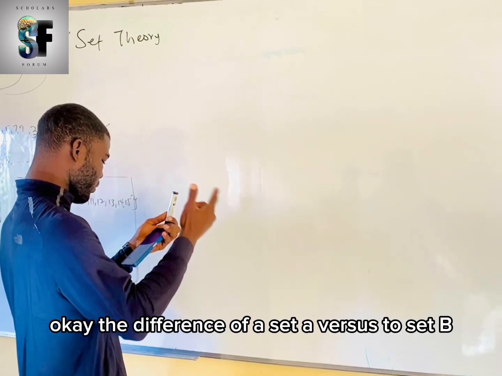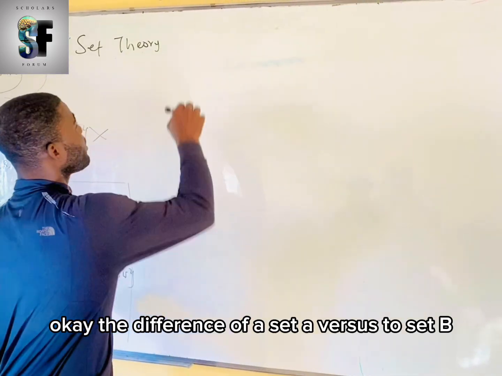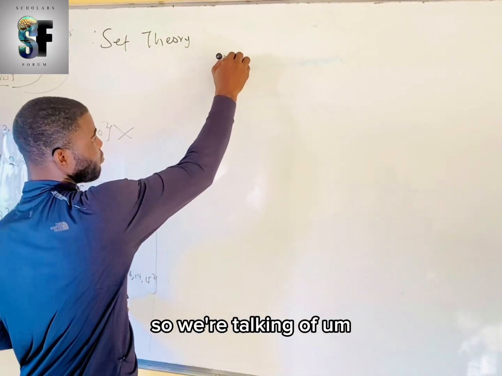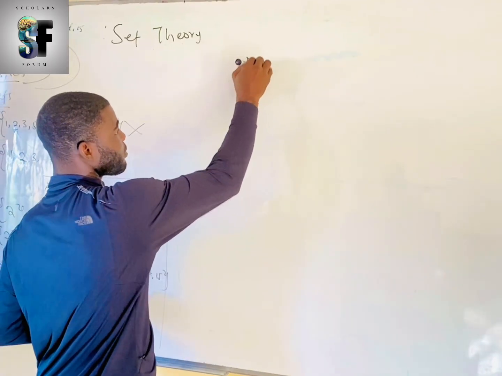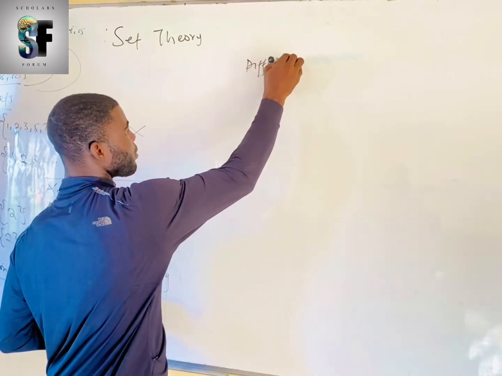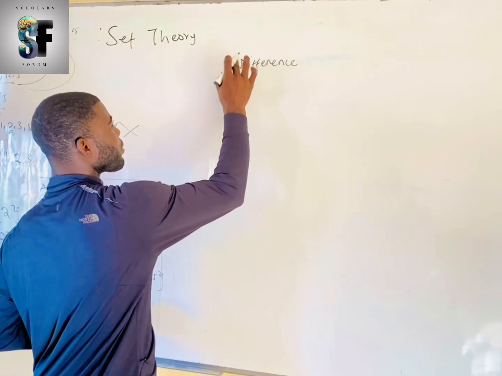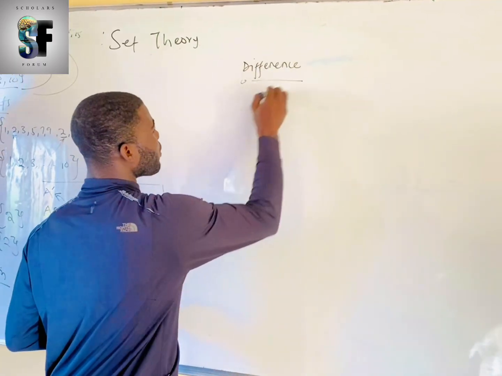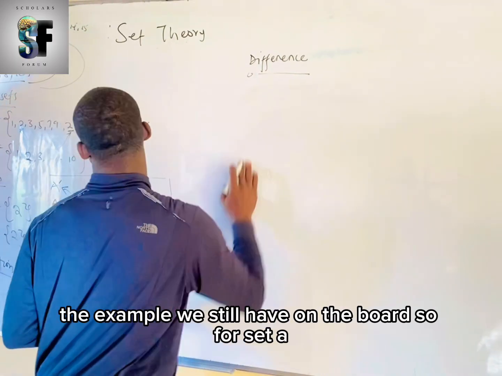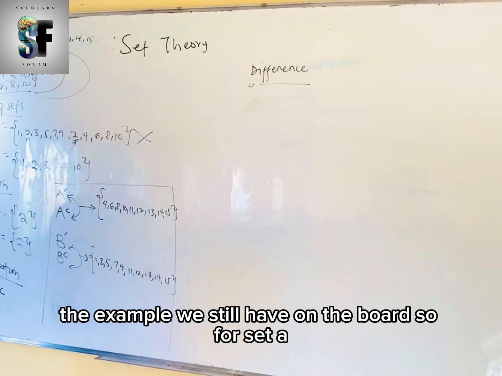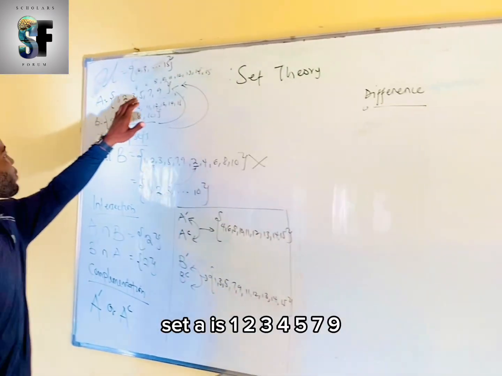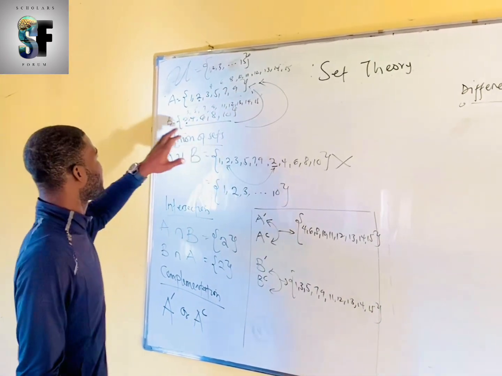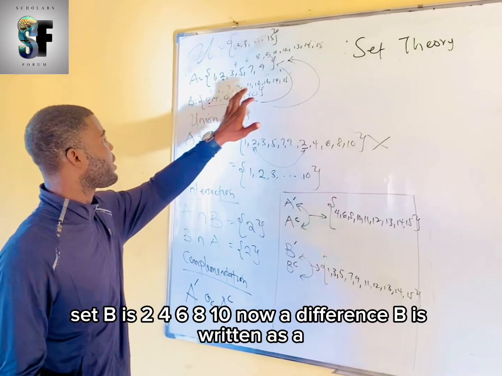Okay, the difference of a set A related to set B. So we're talking of difference. Let's use the example we still have on the board. Set A is 1, 2, 3, 4, 5, 7, 9. Set B is 2, 4, 6, 8, 10.